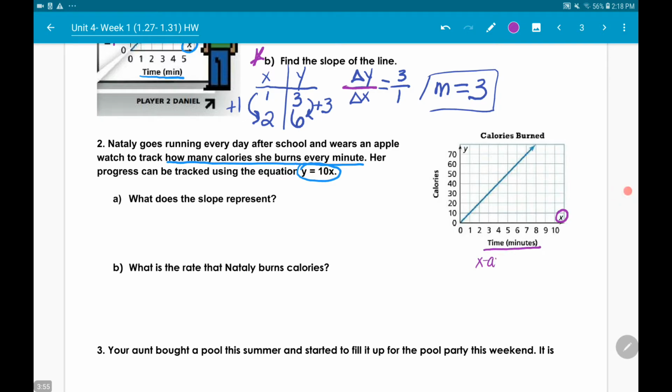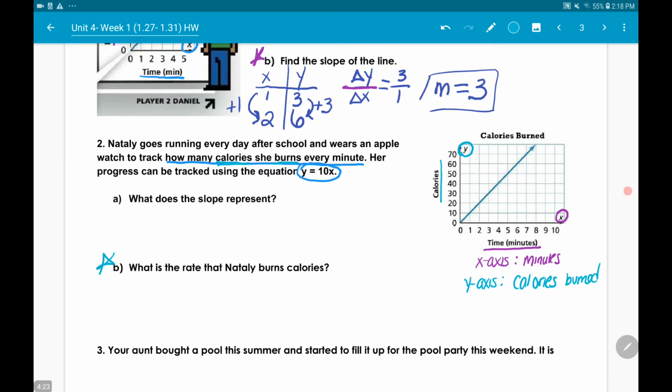So our x-axis is giving us minutes. And what is our y-axis giving? This looks like y-axis is calories. But our story said calories burned. So these are calories that are burned, not that she's eating.